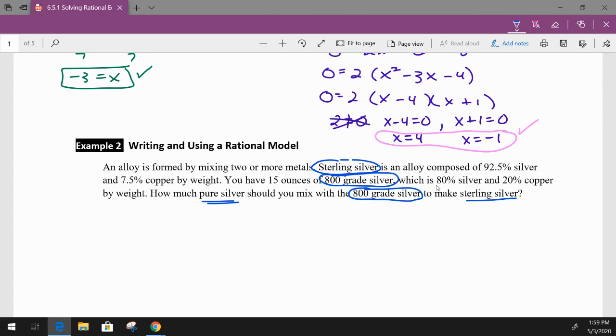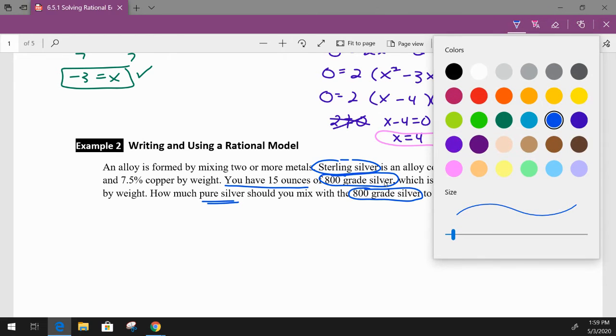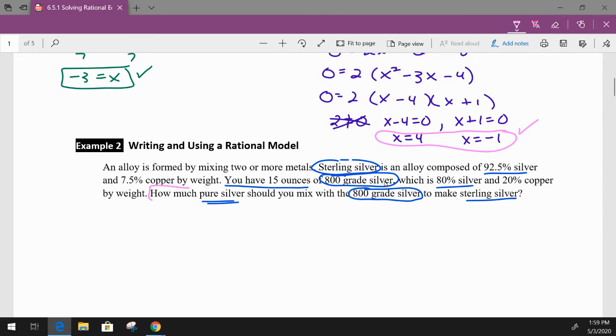So we want to go from 80% silver to 92.5% silver. We have 15 ounces of 800 grade silver, so the question is, how much pure silver should we add? That's where our variable is going to come in. I'm going to say x is equal to the amount of pure silver.